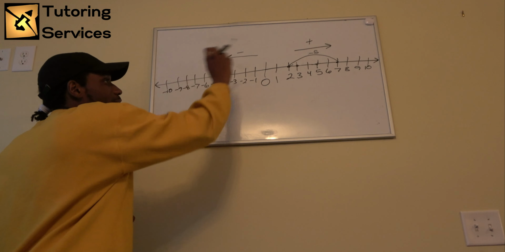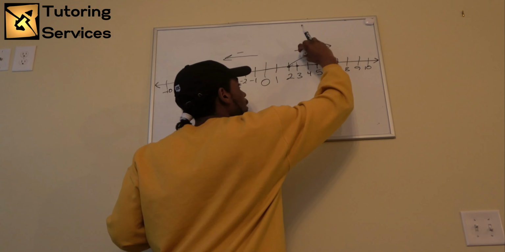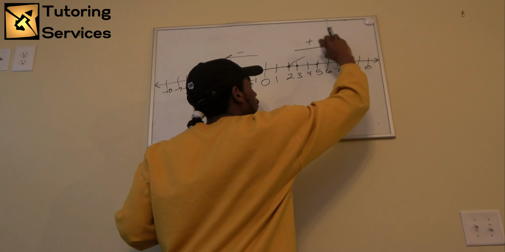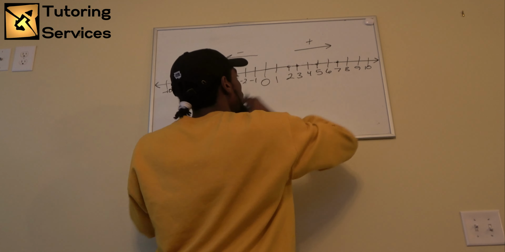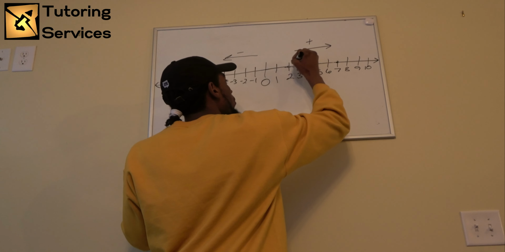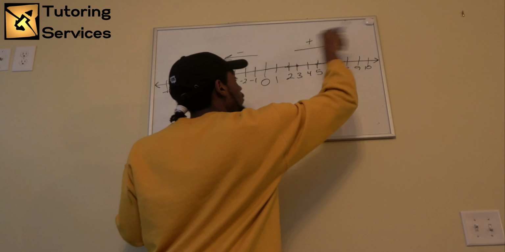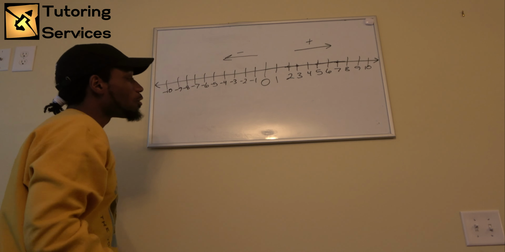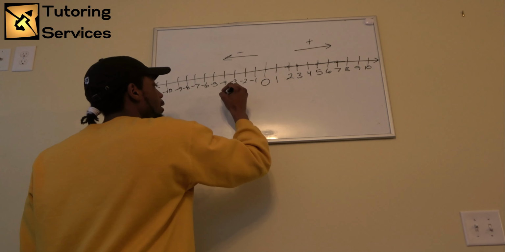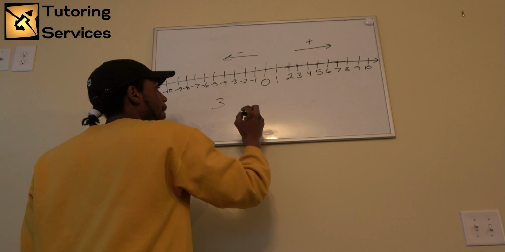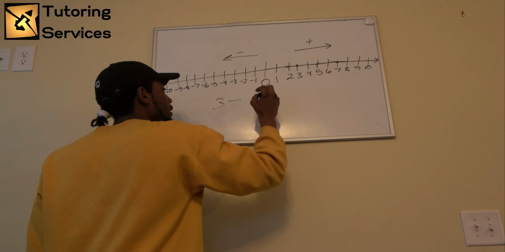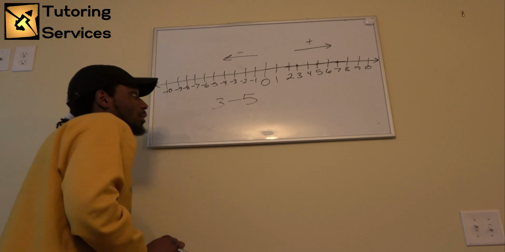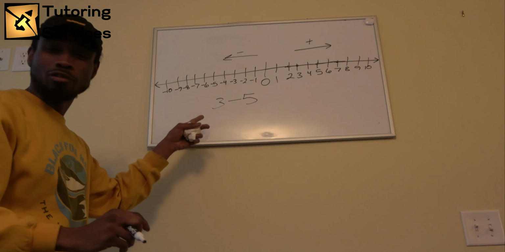So this whole idea of addition and subtraction, as I said already, works with negative numbers as well. As long as when you are adding, you go to the right, in this case, and when you are subtracting, you go to the left. All right, so what is 3 minus 5? Wow, 5 is greater than 3.